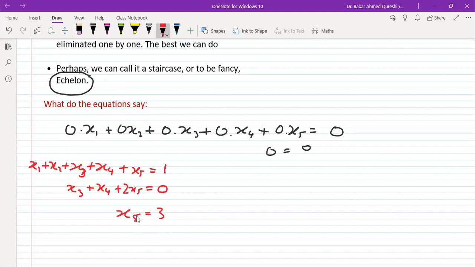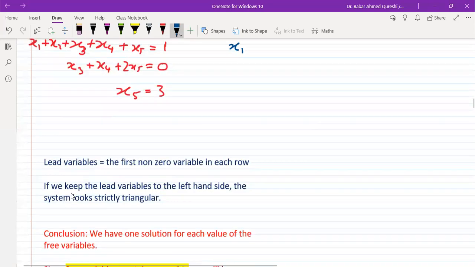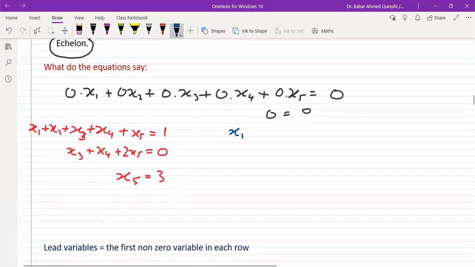But what do I do with the other guys which are hanging around? So I keep these leading variables. What are the leading variables? The first non-zero variable in each row. So in this one it's x1, in this one it's x3, and in this one it's x5.